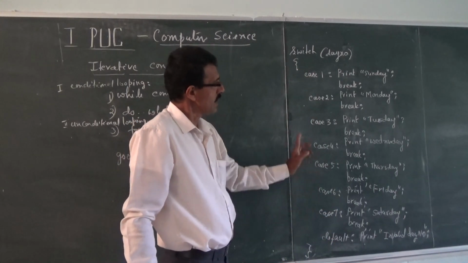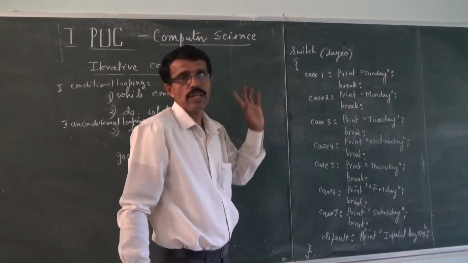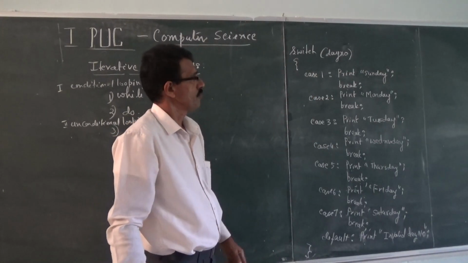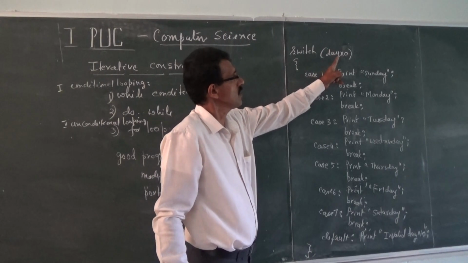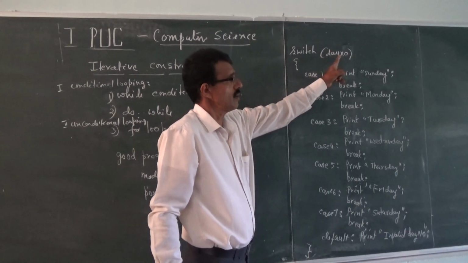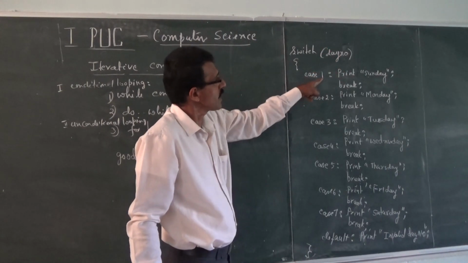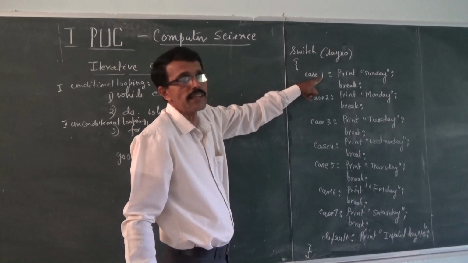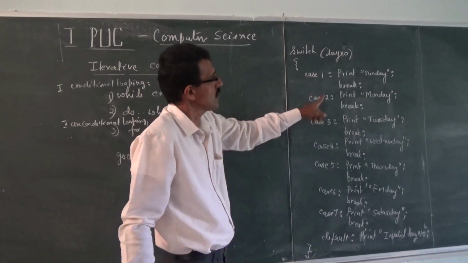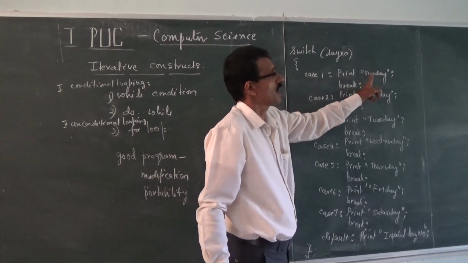Among them, any one is marked for execution. If you assign day as 1, definitely case label 1 is marked for execution, and it will display Sunday.